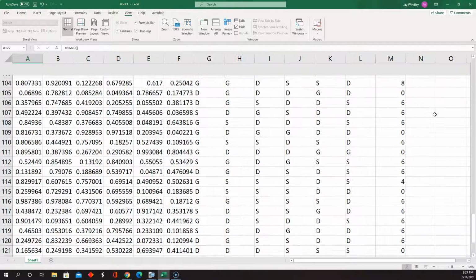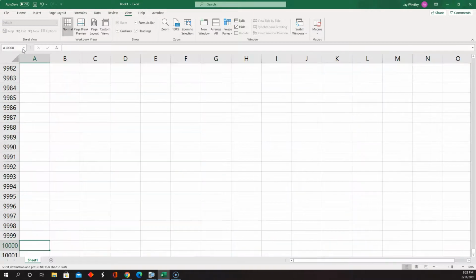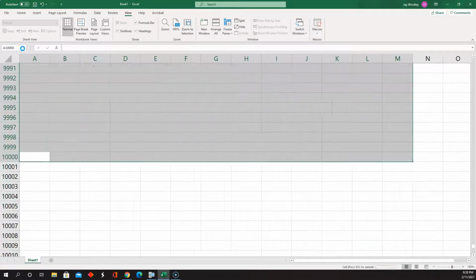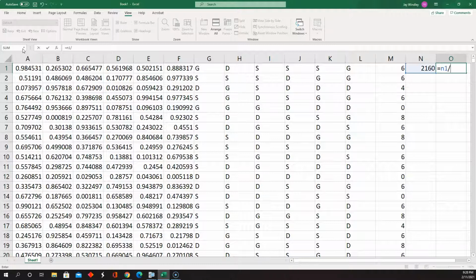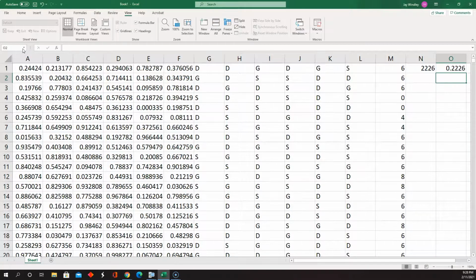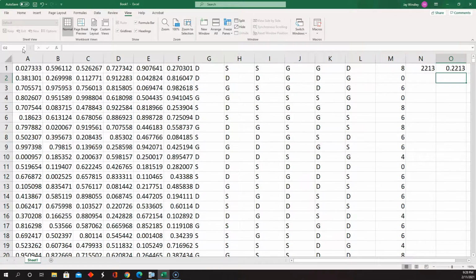And let's go ahead and paste this all the way down to 10,000. So we're going to count the number of zeros up to row 10,000, and then we're going to take that number of zeros and divide by 10,000, and there's our probability.